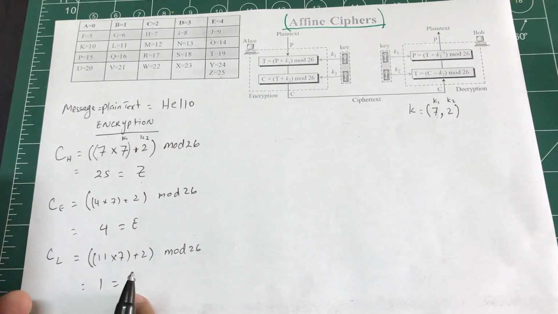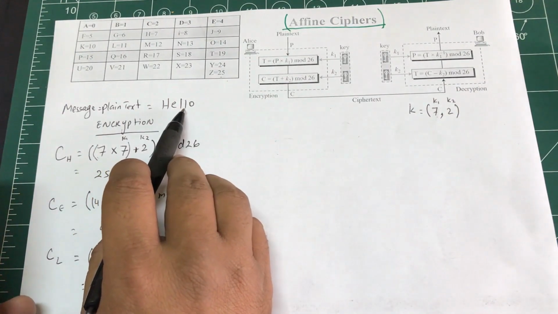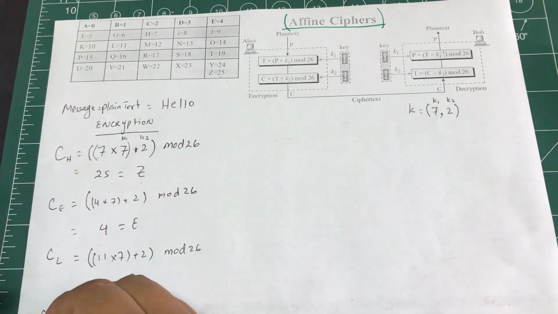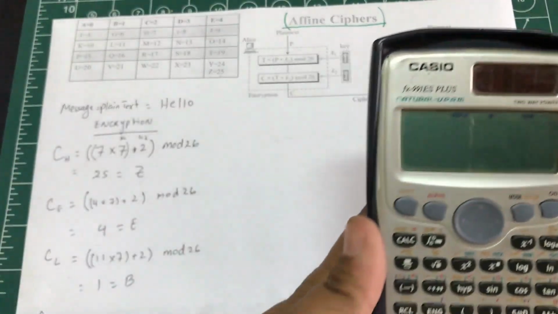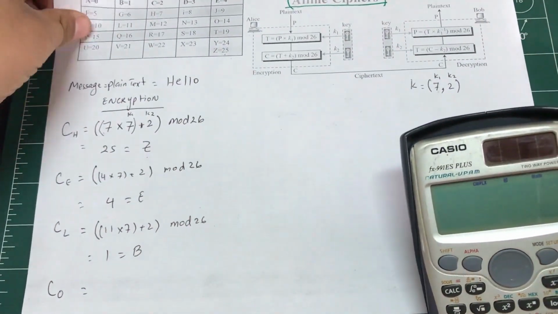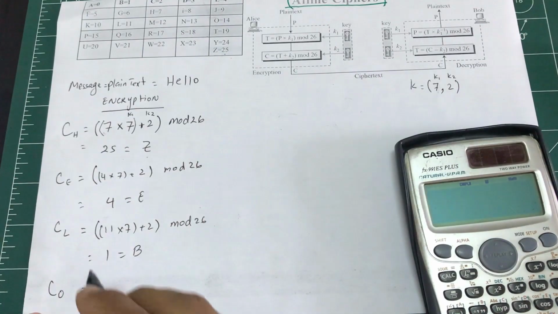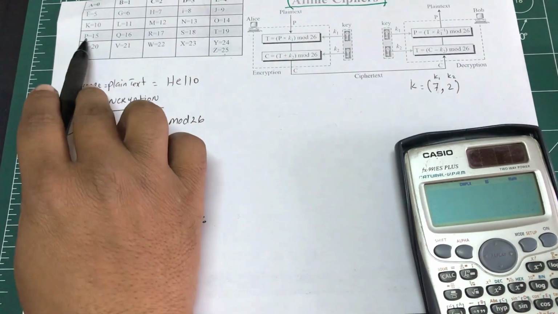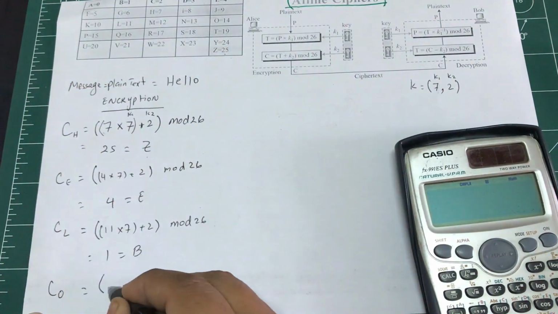If I do it again, I'll get the same thing because I have 2 L's. So let's just quickly do it for O, because I want to show you something really important. The value of O as per our code book is 14.